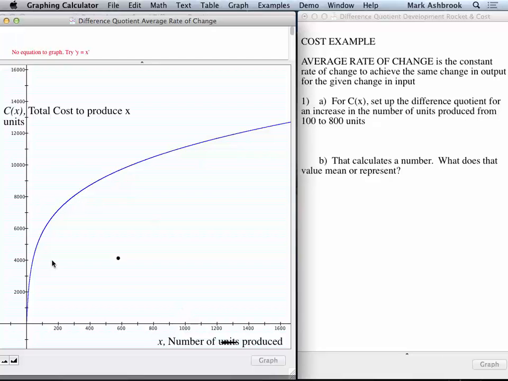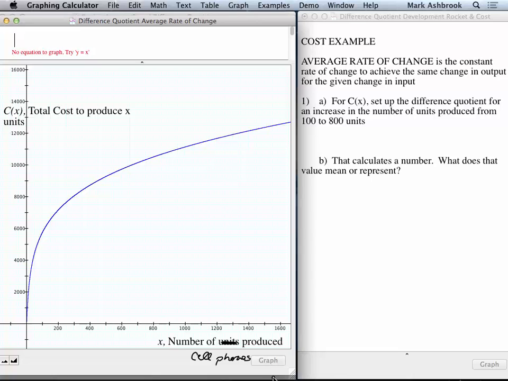So, I don't know, cell phones. So say this is the number of cell phones produced, and this is the total cost to produce X cell phones, the output. And that's given by C of X.